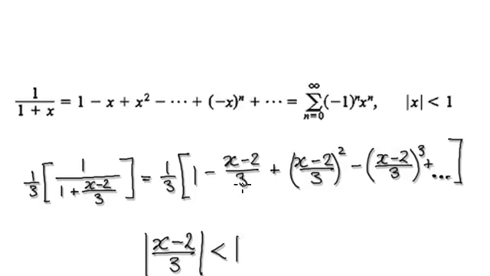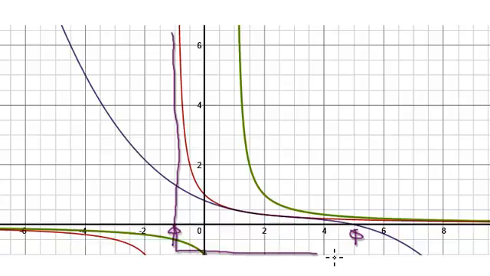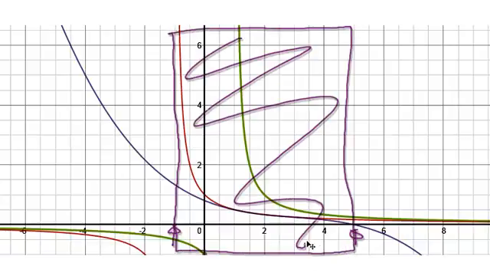So this is -1 here to 5, which is around here. Remember, strictly greater than -1. So it's valid in this area here.